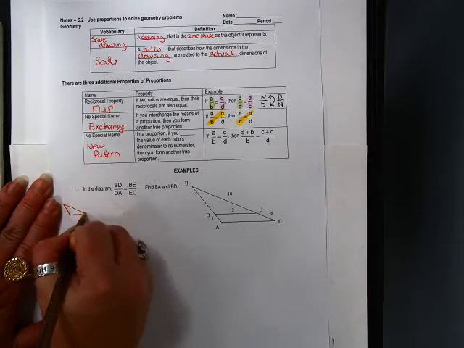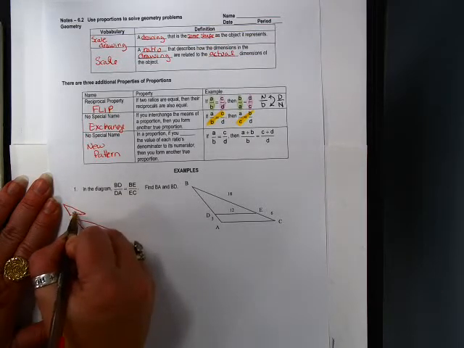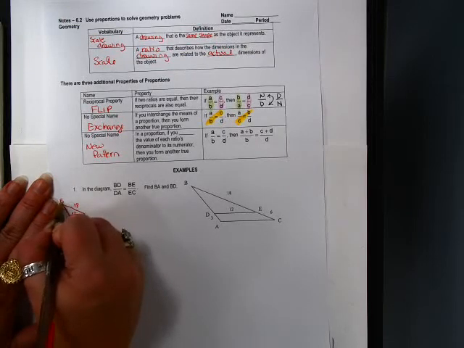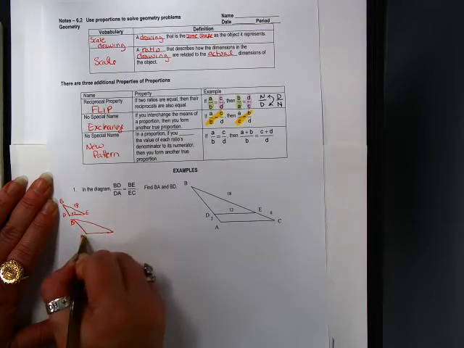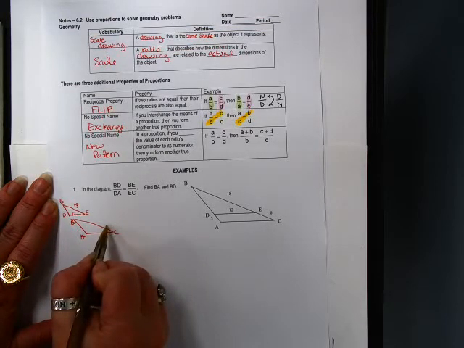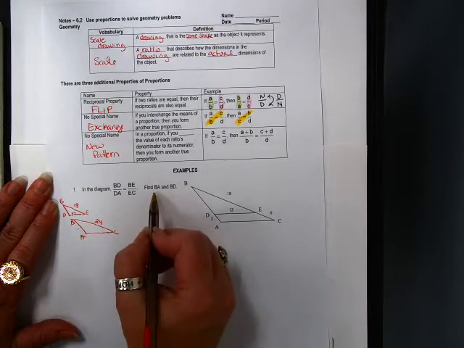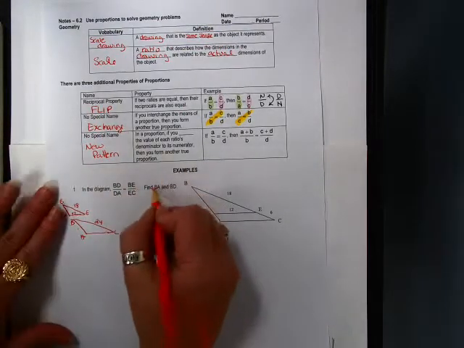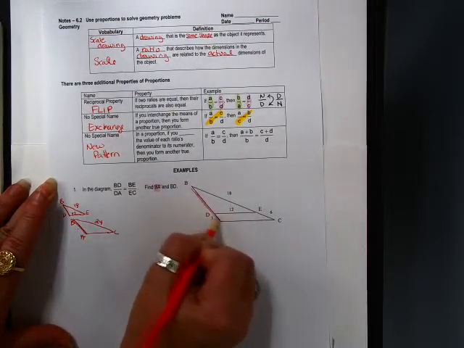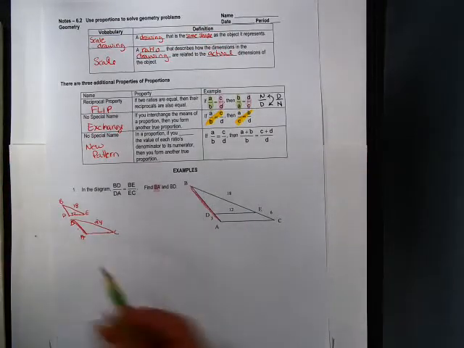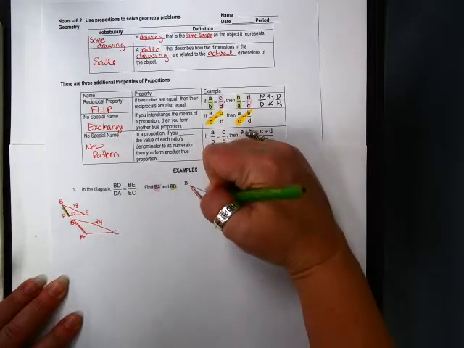You've got your small one and your large one, and you know that this side's 12, you know this side's 18, you know this is B, E, and D. Here we've got, this is B also, but this is A, and this is C, and this little piece of it is 6, and this is 18, so together that makes 24, and I don't know what this is, and I don't know what this is, but they want me to find BA, which is this whole thing here, and they want me to find BD, which is this little guy right here.